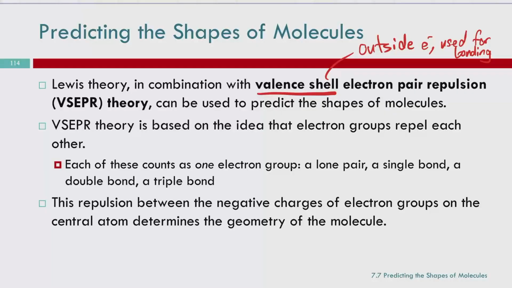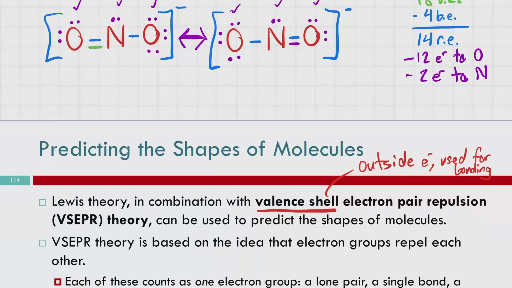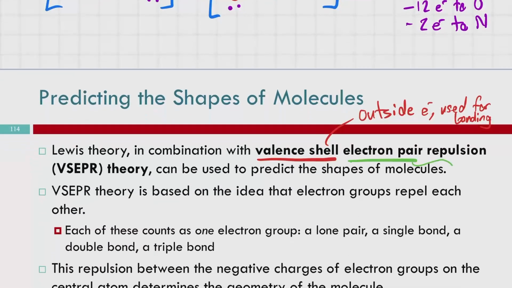What's a pair? Just 2 things, 2 electrons together. We've got a couple things that constitute an electron pair. We've got lone pairs, like on our oxygens here. We've also got bonds. Bonds are also electron pairs. So the electron pairs that we're talking about here are lone pairs, LPs, and bonds, single, double, or triple.